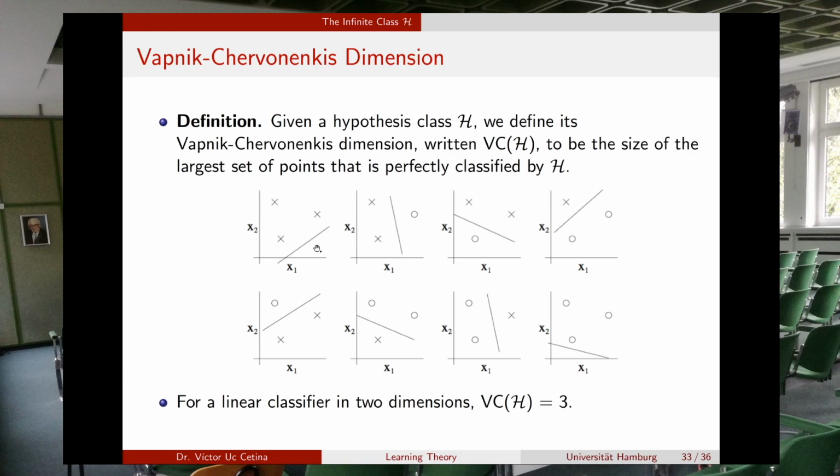That example would be impossible to classify perfectly. So for this specific case of points in 2 dimensions, with the hypothesis class being straight lines, the maximum number of points that can be perfectly classified is 3, and that is the VC dimension for that class.